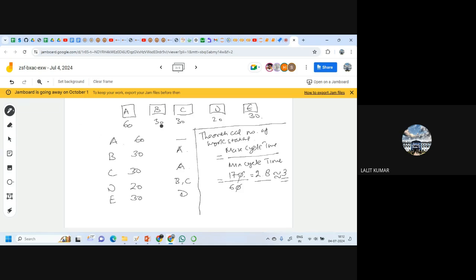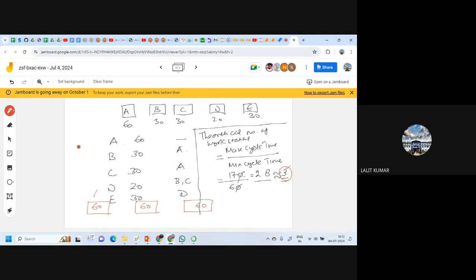Now the fourth part is how to schedule them. For that I will change the color. For example, if we have found that the total theoretical is 3, can we do it in 3 with these preconditions? So we make the workstations as per the 3. The time for every workstation will remain 60.